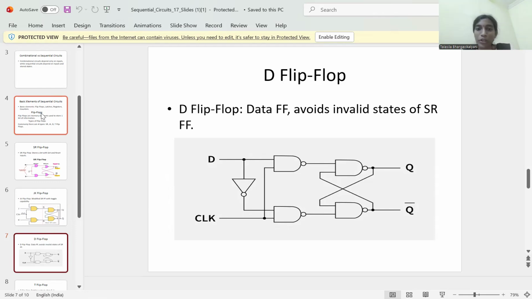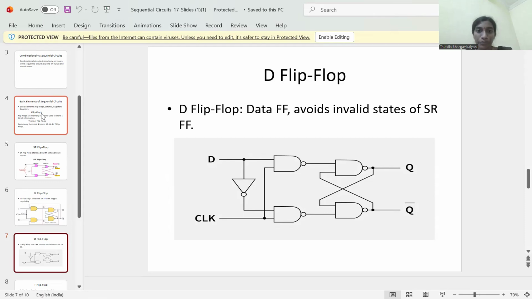Now, let us talk about the characteristic equations of D flip-flop. Here, if D equals 0 and present state is equal to 0, the next state is equal to 0. If D value is equal to 0 and present state is equal to 1, then Qn plus 1 is equal to 0.